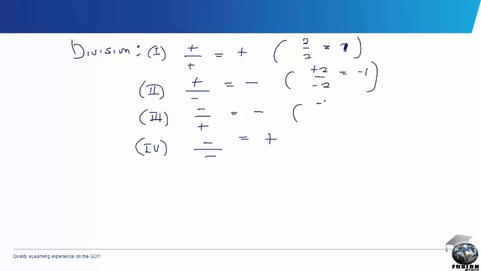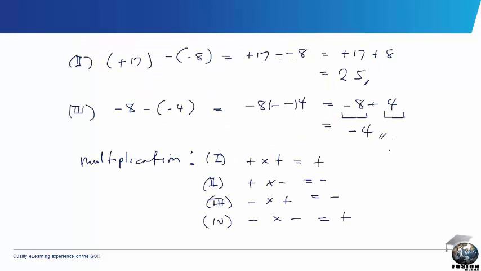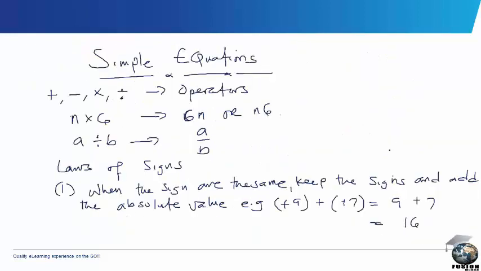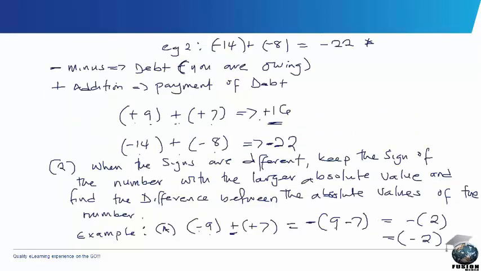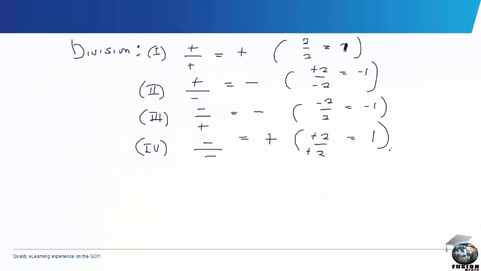The same thing happens here, minus 2 over 2 gives minus 1, and then minus 2 over minus 2, ordinarily the signs will take care of themselves, and this gives you 1. Having gone through these laws guiding simple equations, we will go into solving simple equations.